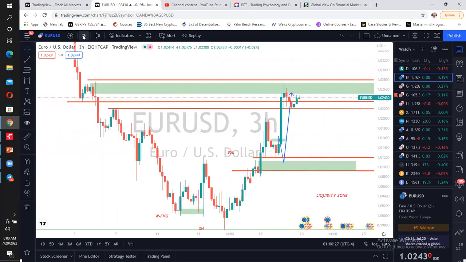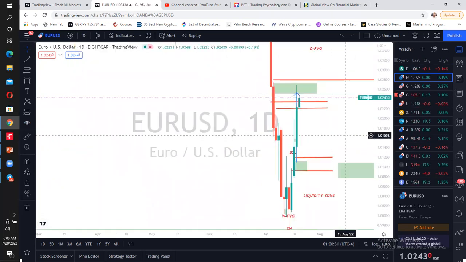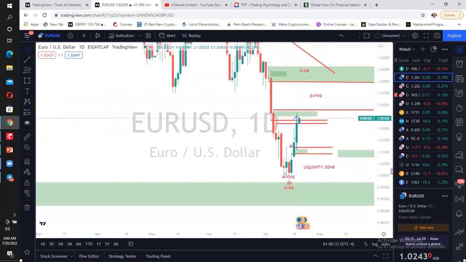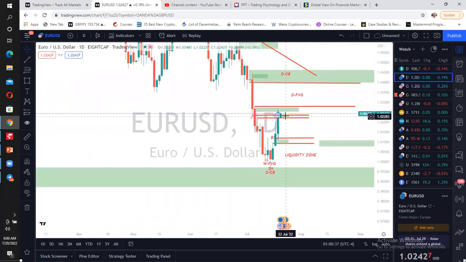Let's go to the higher time frame and see what is happening. Here we'll have a fair value gap, but then we'll have another block here. Here is also a daily fair value gap. In between all this level here, I'm taking this out. Also, we'll have a fair value gap here.